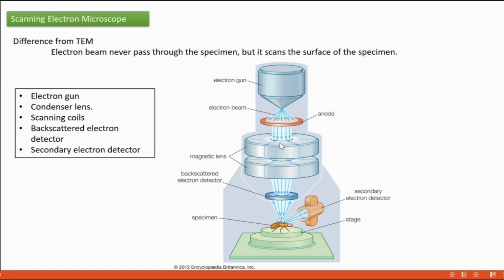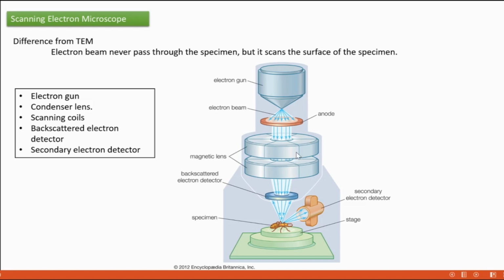This electron beam passes through magnetic condenser lenses, and the condenser lenses direct a sharp beam to a confined position on the specimen. It directs the beam to a narrow spot on the specimen. That's the function of the condenser lens.